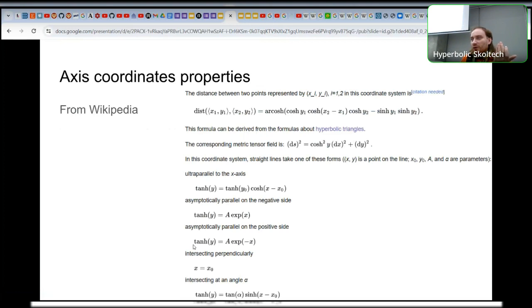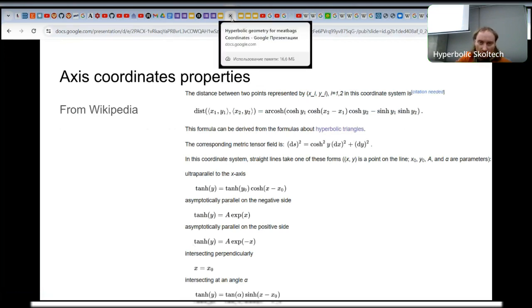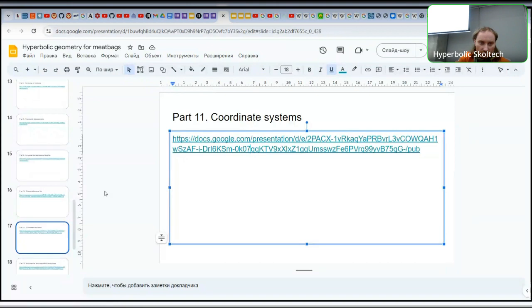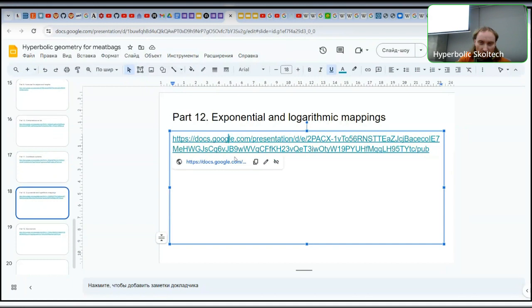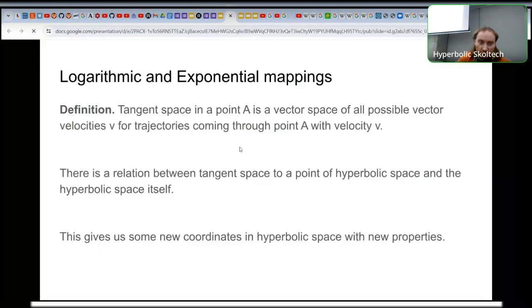You have some subspace, and how do you introduce coordinates there from the coordinates on your space? For help we will use gyrovectors, but first let me introduce logarithmic and exponential mappings.